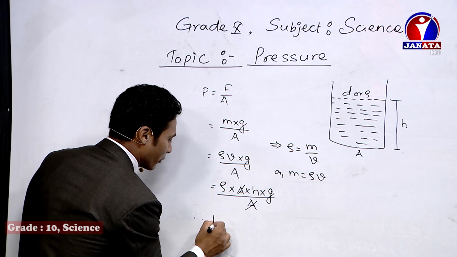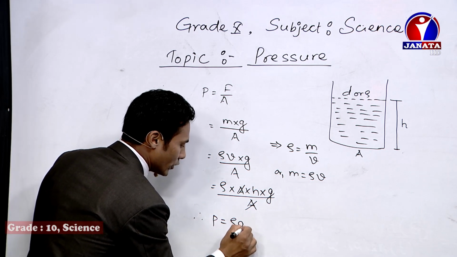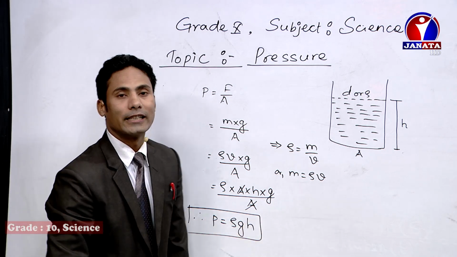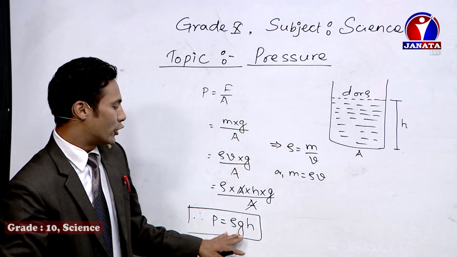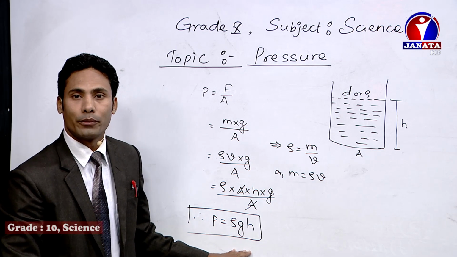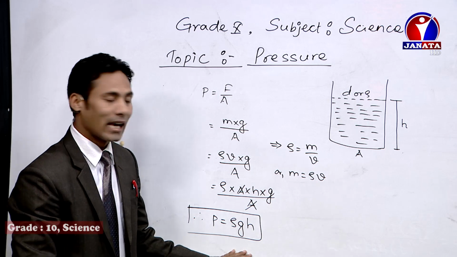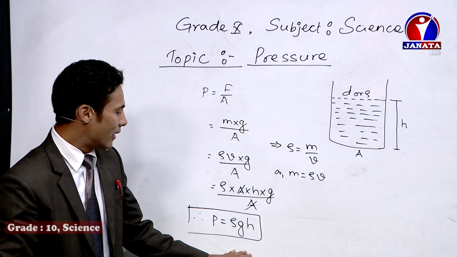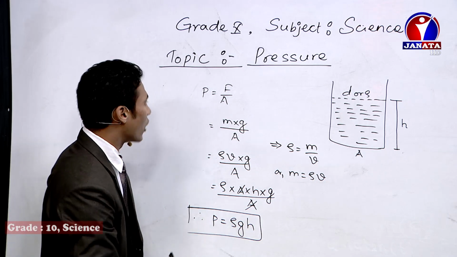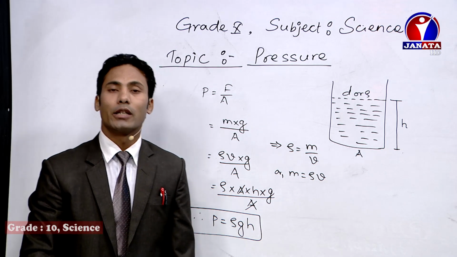Therefore, liquid pressure P equals rho g h, where rho is the density of the liquid, g is the acceleration due to gravity, which is constant for a particular place, the average value being 9.8 meter per second square, and h is the height of the liquid column. So this is the formula for calculating the liquid pressure.